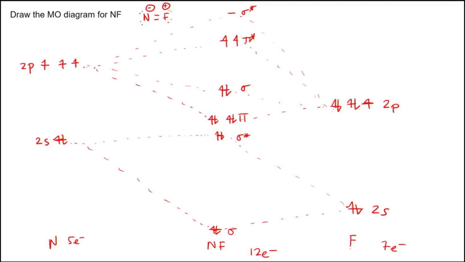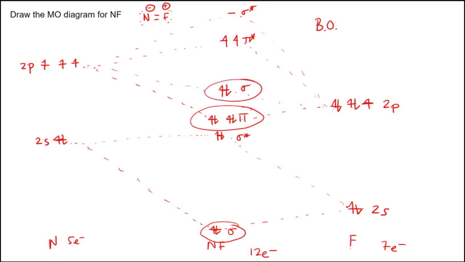If we were then to calculate the bond order, we can do that using the equation. Bond order is equal to the number of bonding orbital electrons. In this case, we have 2 from this sigma bonding orbital, 4 from these pi orbitals, since there's 2 of them, and then 2 from this sigma bonding orbital.